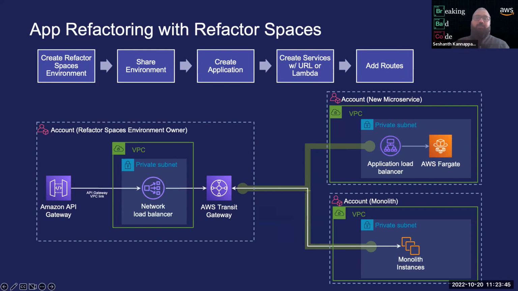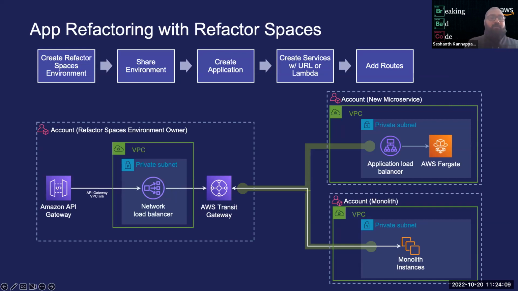And then as you extract more microservices from vFunction, all you have to do is create a new service and create a route once you have this platform enabled and established. So you'll see here that we're using 3 separate accounts for the refactoring here.